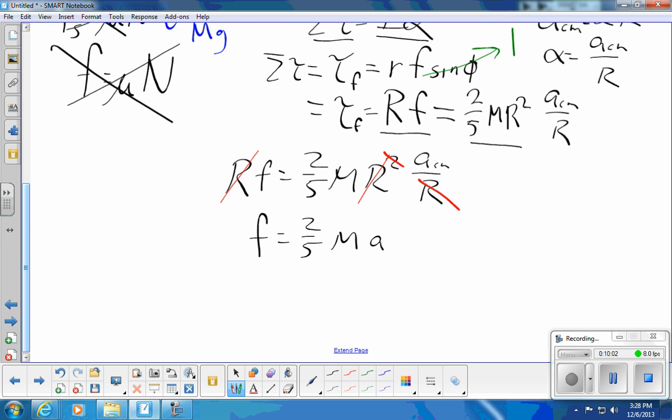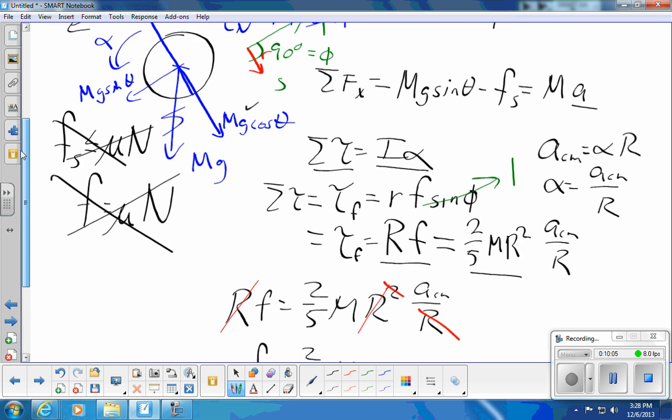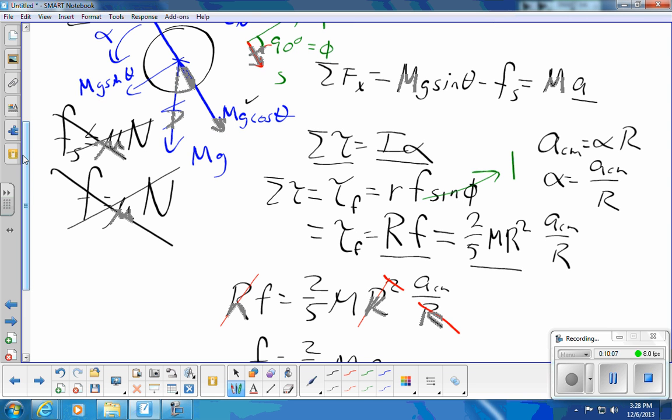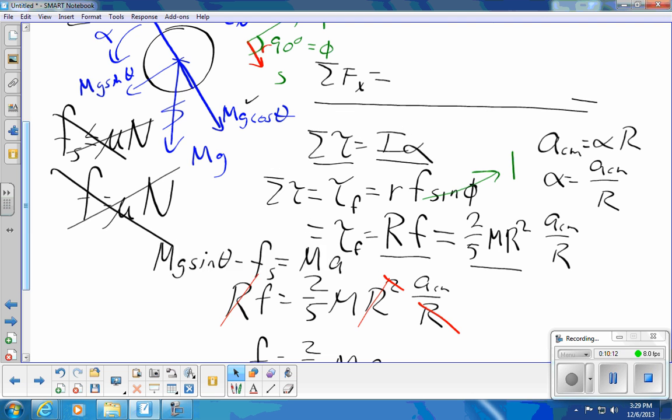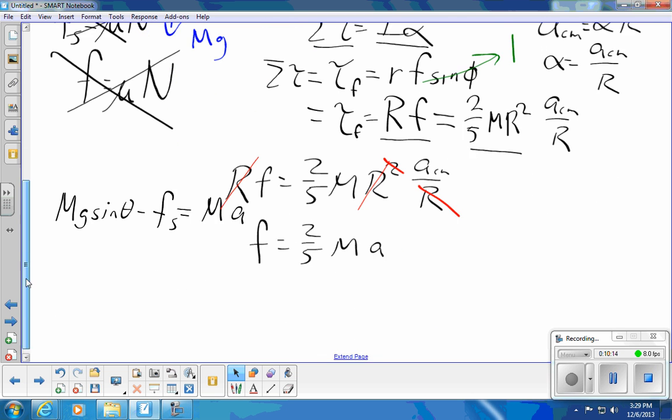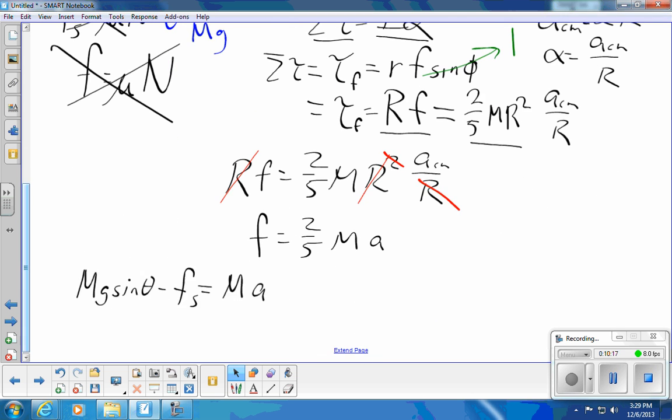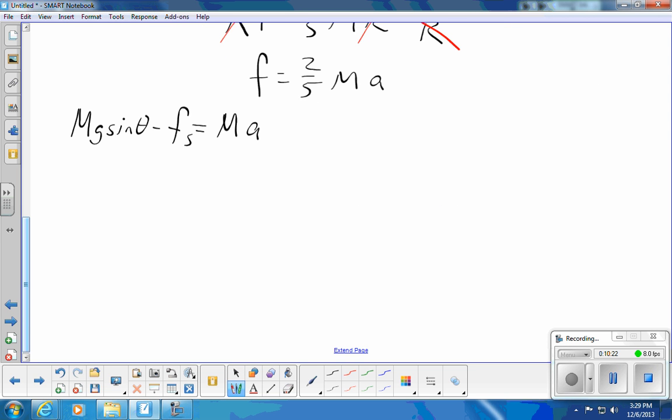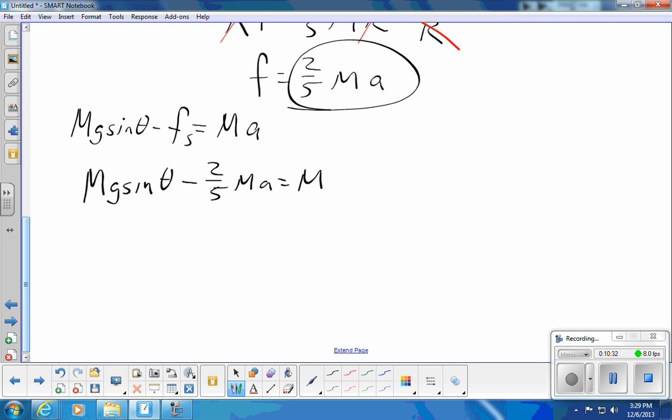Does that help me at all? Well, yes, it does, because if I look back at the equation I had earlier, analyzing the force in the x direction, I have mg sine theta minus the static friction force is equal to ma. Well, I know how to sub in: mg sine theta minus 2/5 ma is equal to ma. These are the same a's as each other because they're both the acceleration of the center of mass of this ball.